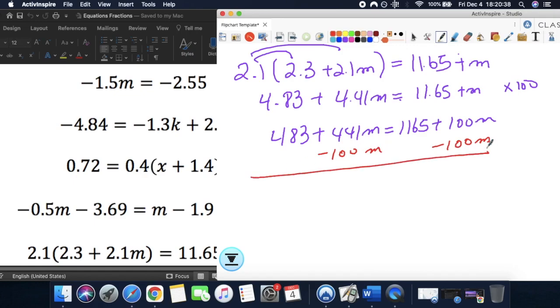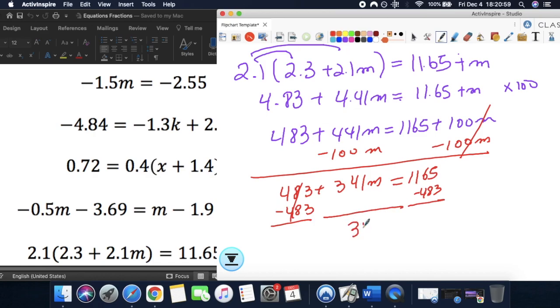These two go away, and then we get 341m, and then 483 here, plus two-step equation. Subtract 483 from each side. This goes away.